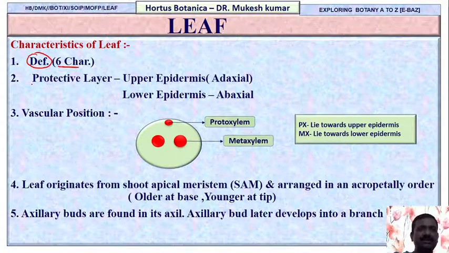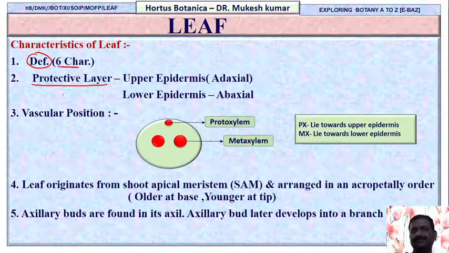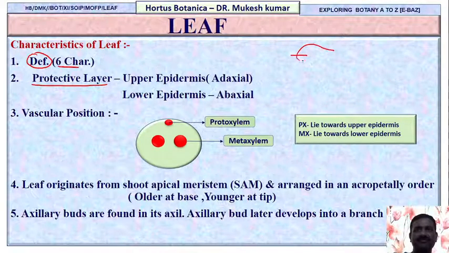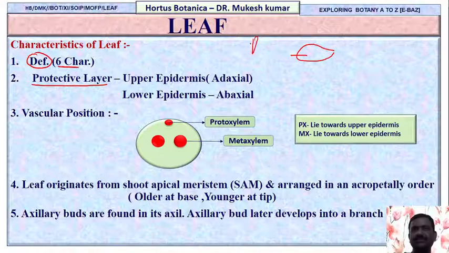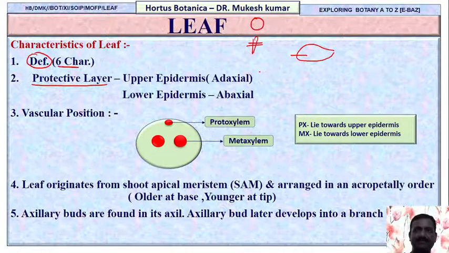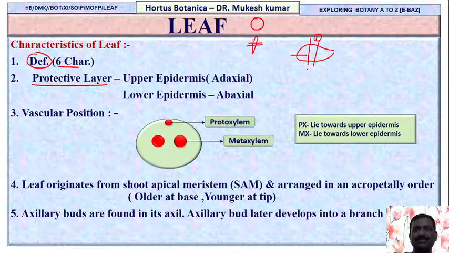Second point, the protective layer. When you see a leaf, earlier in the case of the stem, it was a cylindrical structure. When you cut it, it gives you one shape, so you say either epidermis, or epiblema in root. But when you cut a leaf, what will you find? You find 2 surfaces, one upper and this is the lower one.